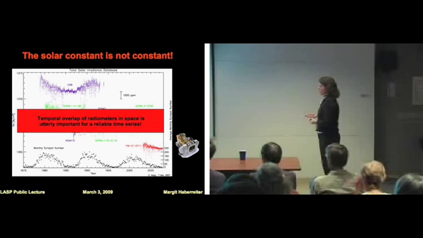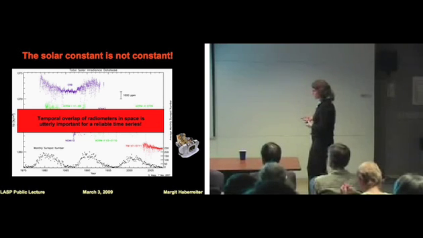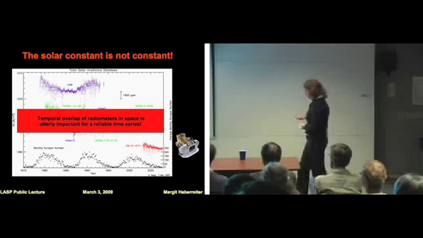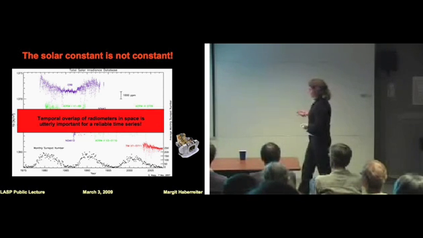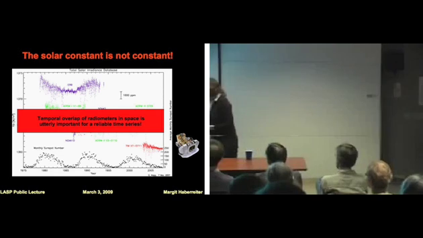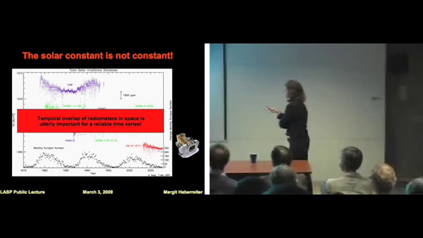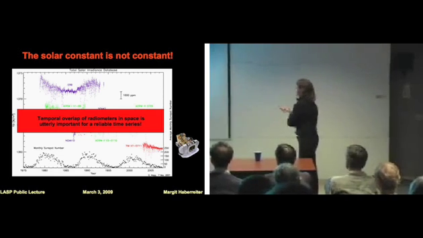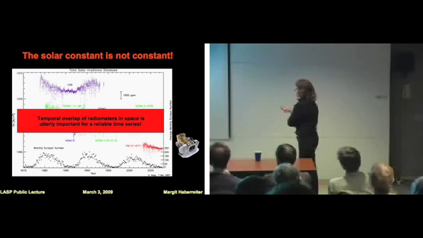And then we have times when there's higher activity, and this pattern repeats with a frequency of about 11 years on average. So all these observations indicate that there is a certain correlation. Now the problem here is each of the instruments observes a variability of 0.1% or 1,000 ppm.